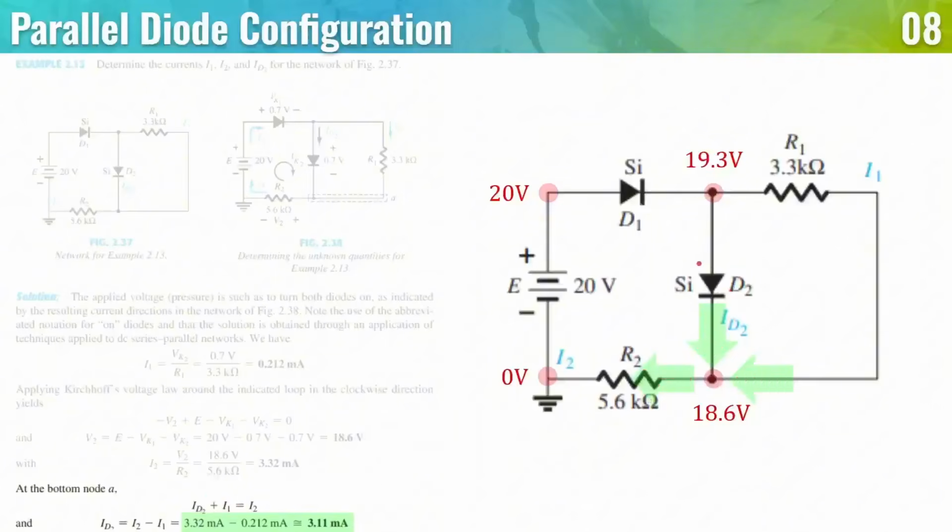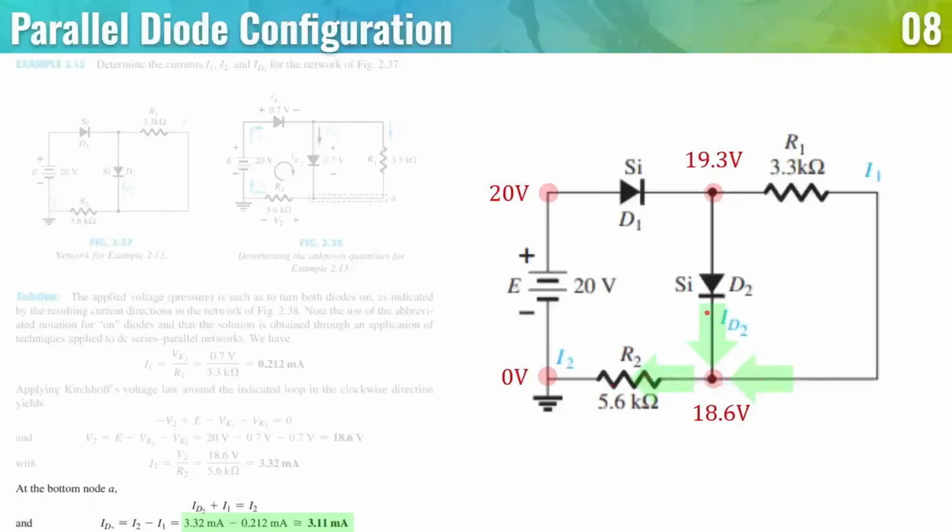So again, we compute for the current across the resistors using I is equal to V over R. But since the diodes do not have a resistance given here or that can be used, we have to use nodal analysis. So I think this is Kirchhoff's current law, if I'm not mistaken.